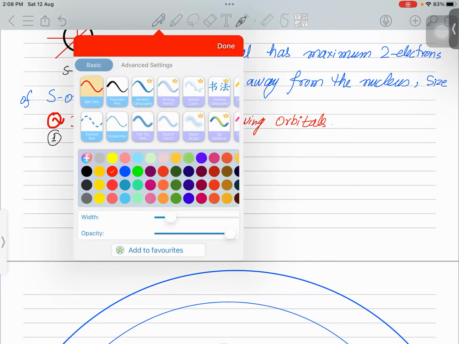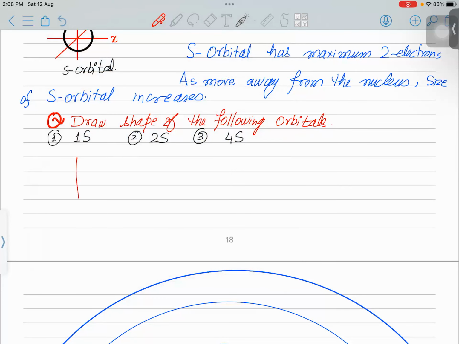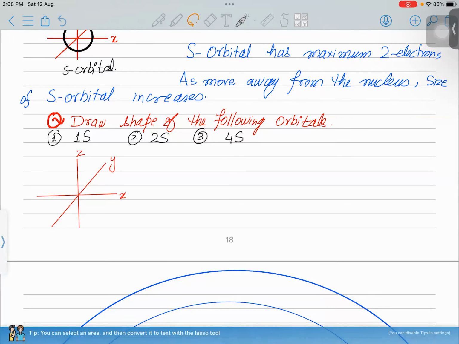First, draw the axes: x-axis, y-axis, z-axis.